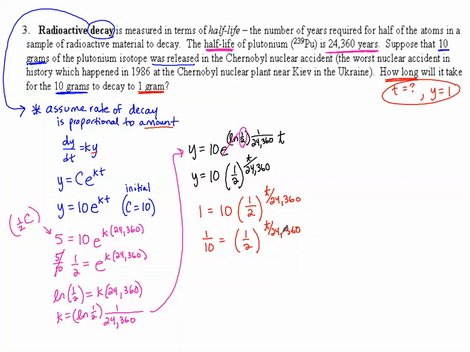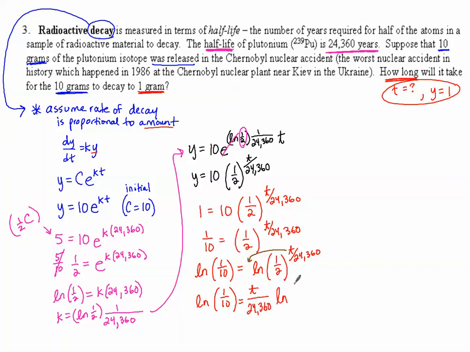So if I take the log of both sides, preferably the natural log of both sides, natural log of 1/10, and then natural log of 1/2 to the t over 24,360. Writing it that way, with natural log, I'm able to move this down as a coefficient. So now I have natural log of 1/10 equals t over 24,360 times the natural log of 1/2.